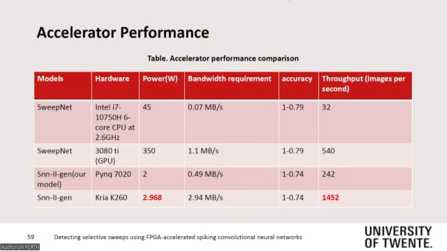We observe that when our SCN was deployed on the Kria K260, we observed a throughput of almost 1,500 images per second, but with way lower power consumption compared with SweepNet deployed on a general CPU or GPU.